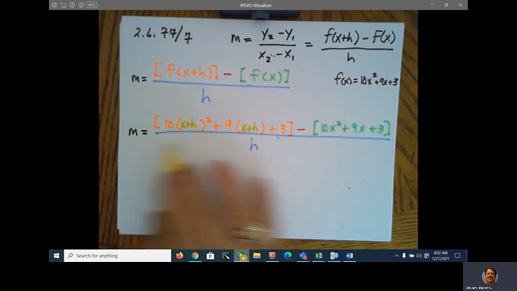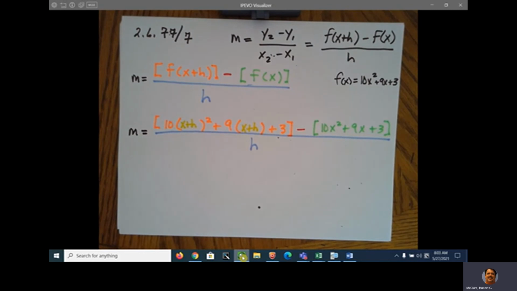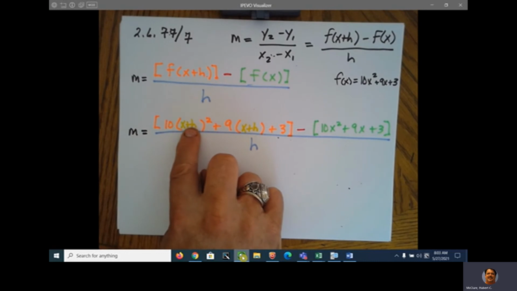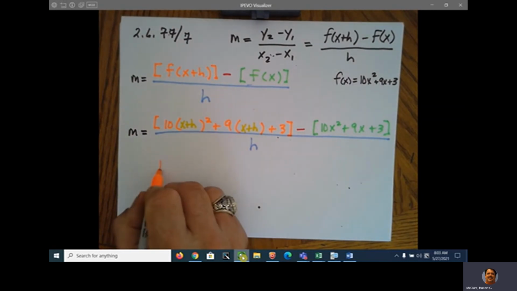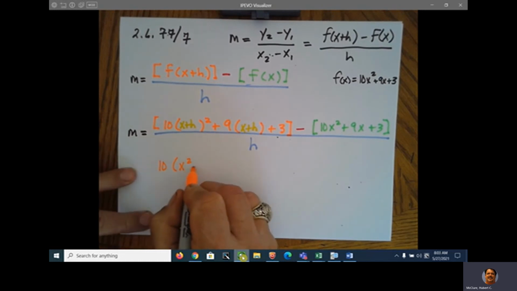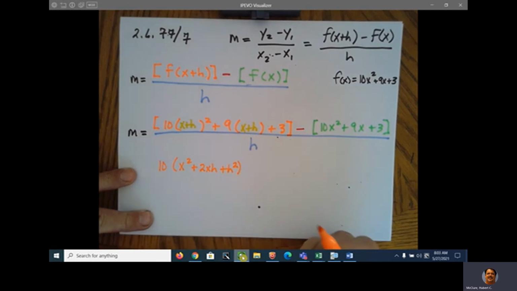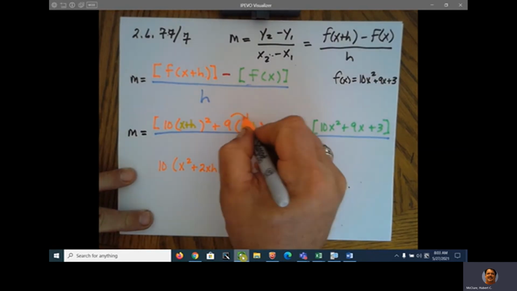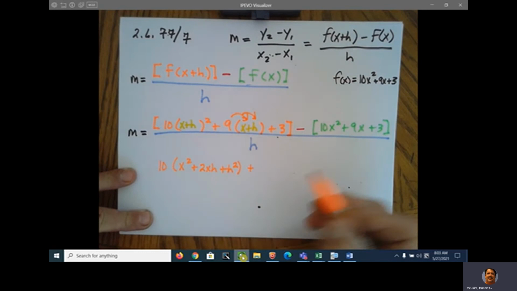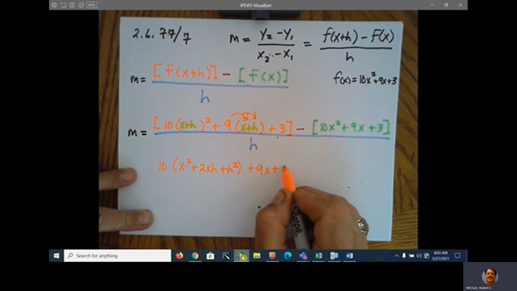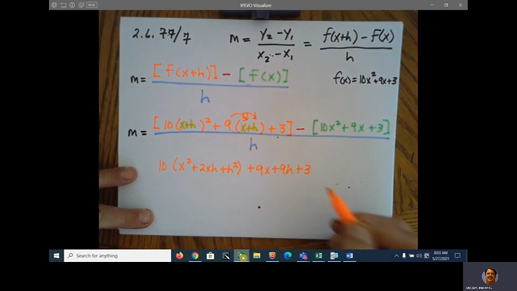Now, once you do this, this is nothing but 100% algebra. You got shortcut number 1 right here. And if you don't know what shortcuts I'm talking about, look in the videos because I always go over that. So that's going to be 10 times x squared plus 2xh plus h squared plus 9x plus 9h plus 3.